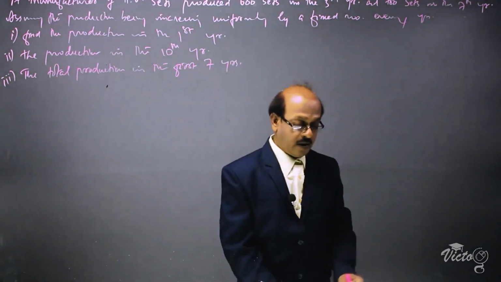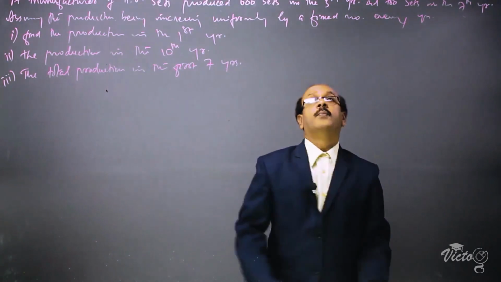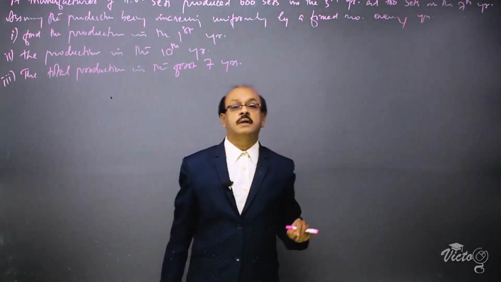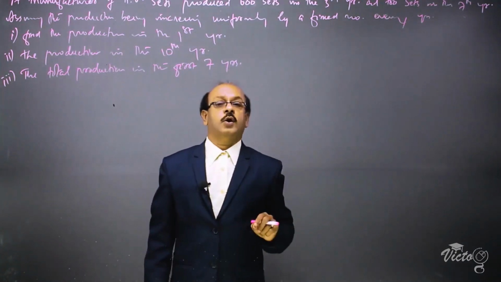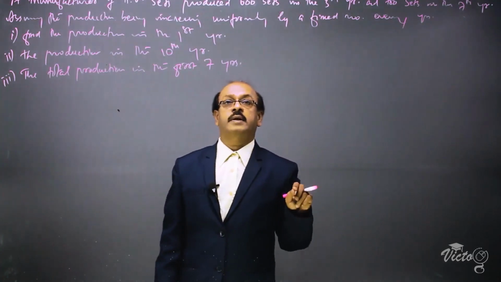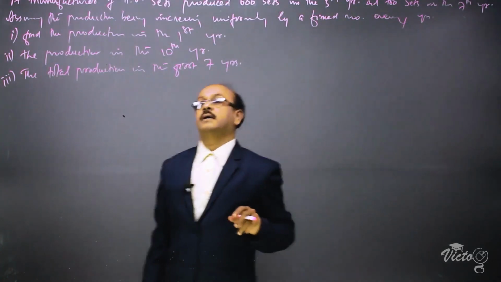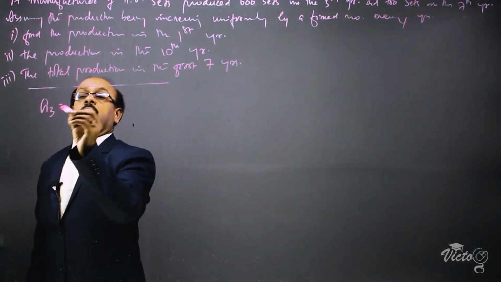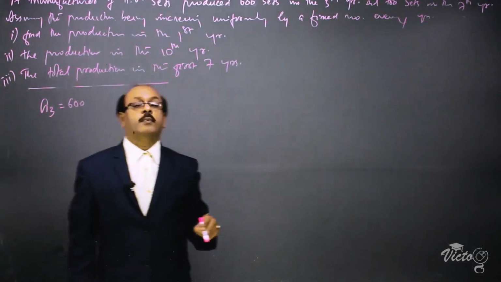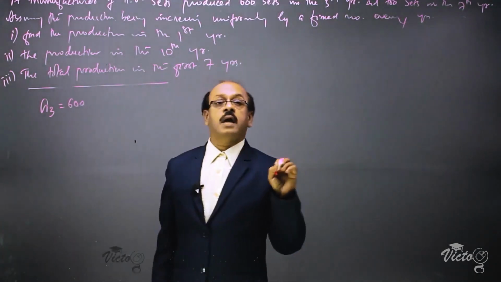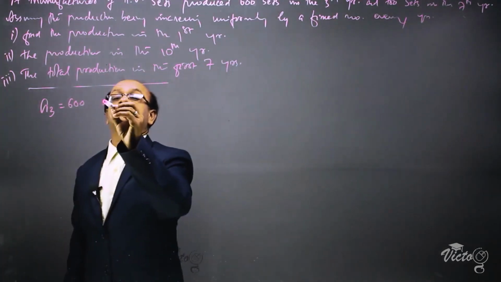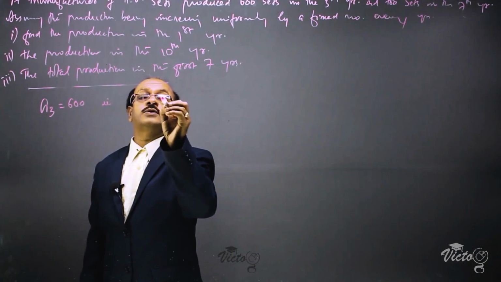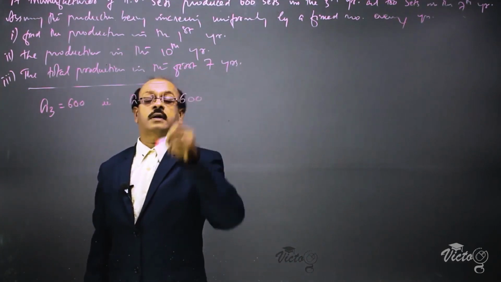It is given the manufacturer produced 600 sets in the third year, which means A3 is equal to 600. The third term of the arithmetic progression is 600. The formula for A3 is A plus 2D, that is, A plus 2D is equal to 600.